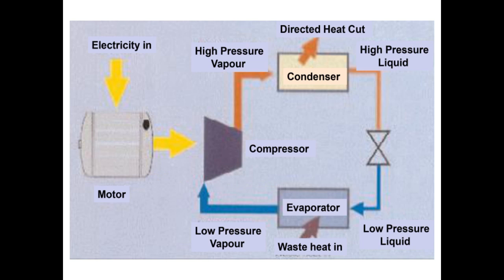Then it is sent to the condenser. The orange line is there now, at the top. So in the condenser, due to the heat and high pressure, it works, and the required heat is taken, and then it is again converted into high pressure liquid.